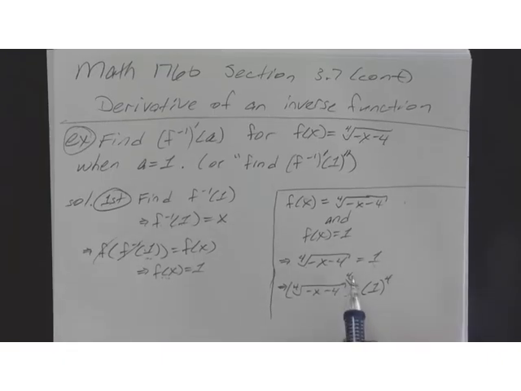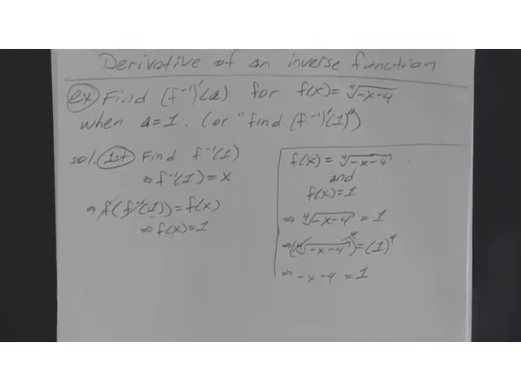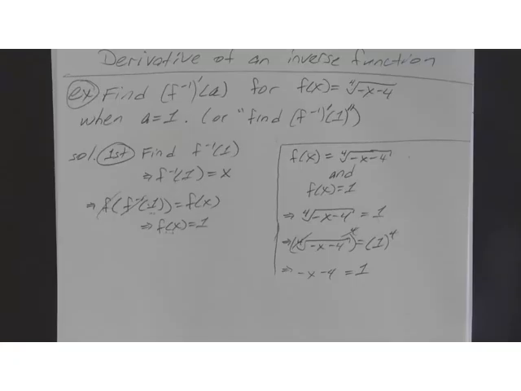Okay. Well, we know the exponent and the index cancel each other out, leaving just the radicand negative x minus 4 equals 1 to the 4th power, which is still 1. Okay. So if we go ahead and add 4 to both sides, those two cancel each other out.